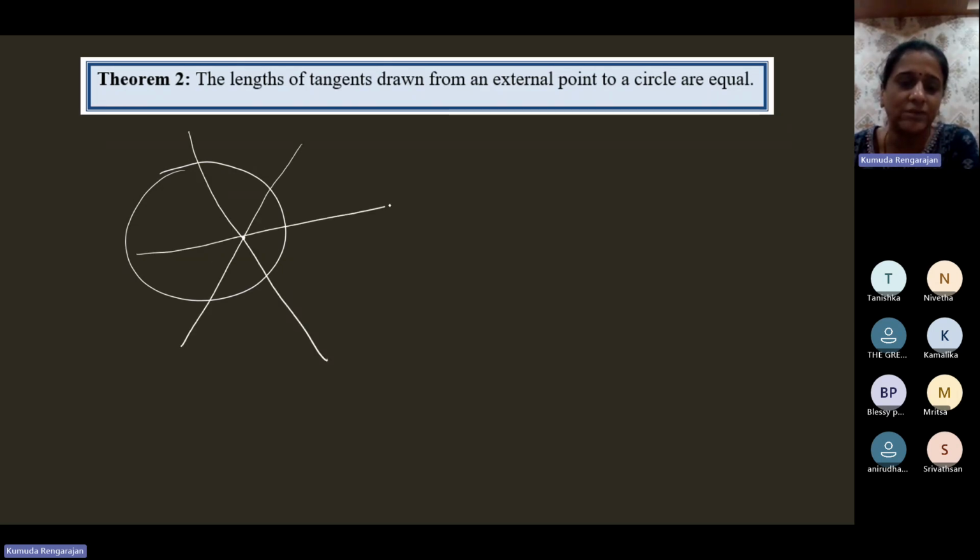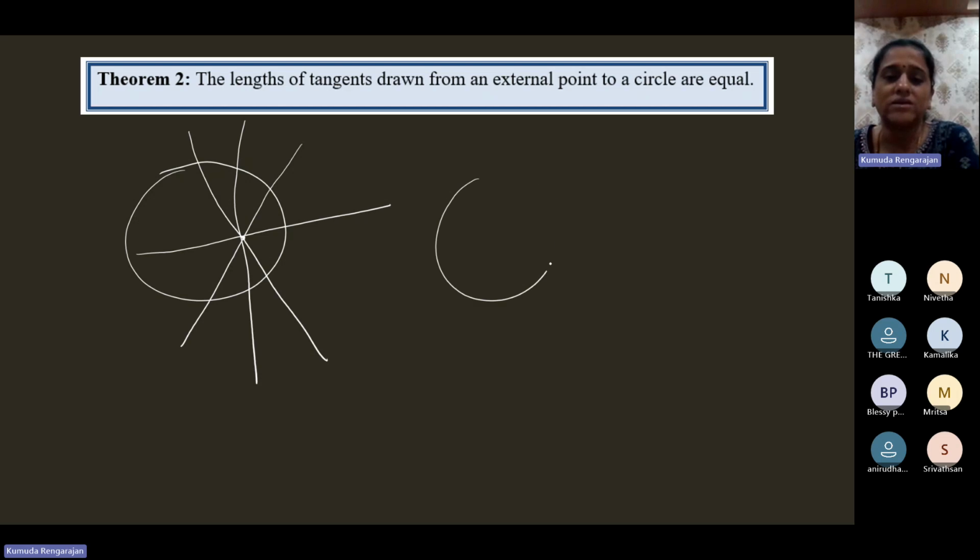You can draw infinitely many lines through this point, but none of those lines can act as a tangent. So no tangent can be drawn passing through a point that lies inside the circle.